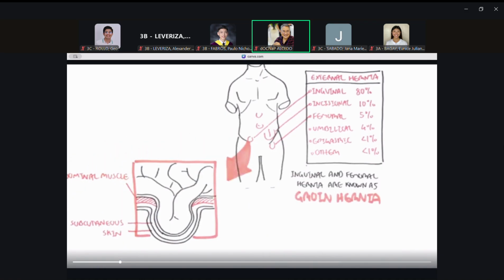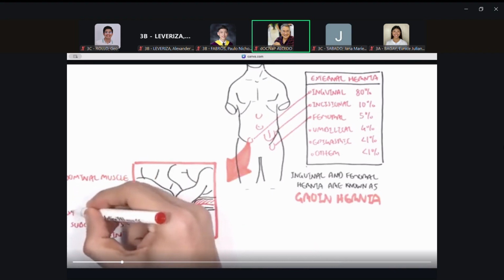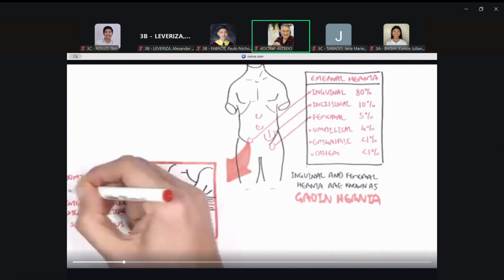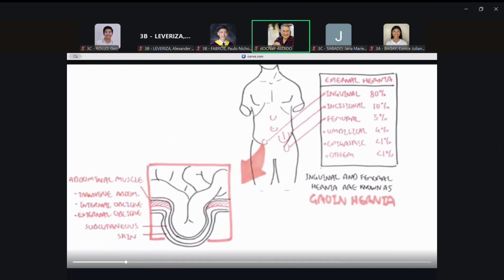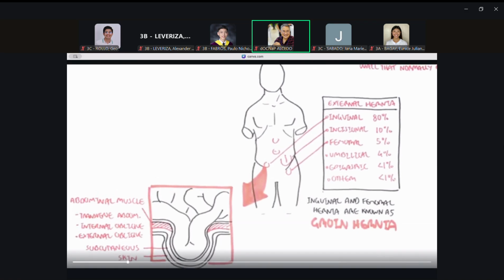And there are 3 abdominal muscles here. From the outside, it's the external oblique, the internal oblique, and then you have the transverse abdominis. So again, an inguinal hernia is essentially the bulge or protrusion of an organ, this being the intestine, through the wall that normally contains it, which is the abdominal wall.